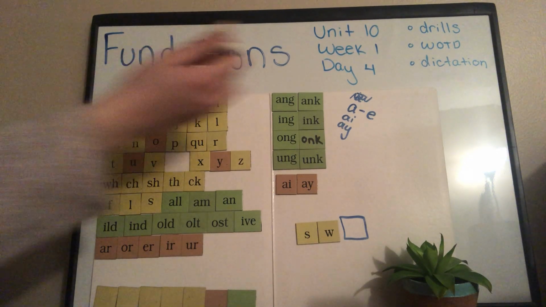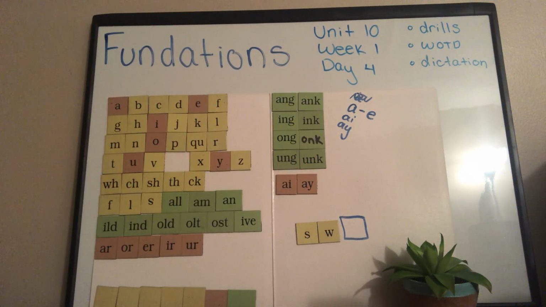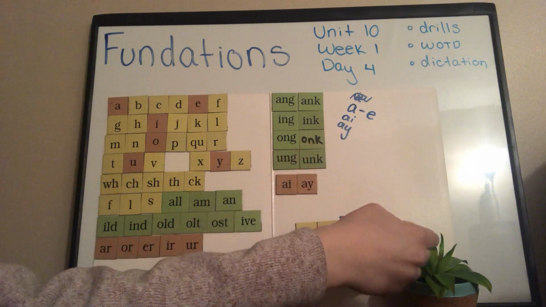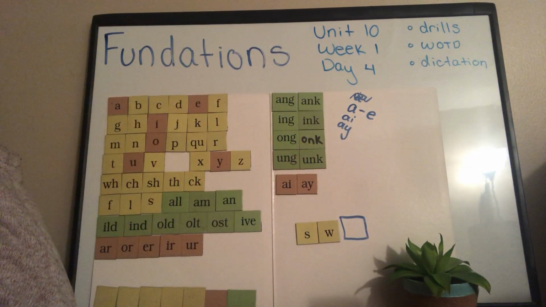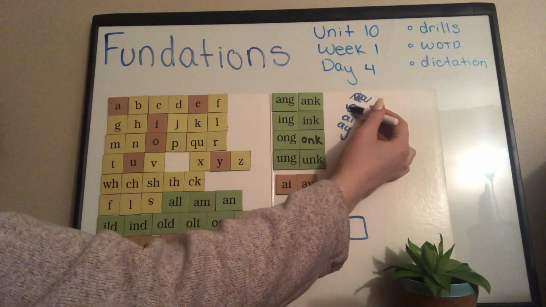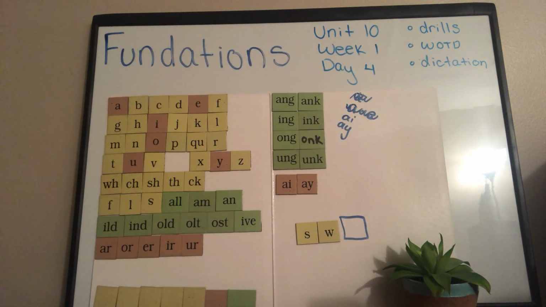I can go ahead and cross off A-E too, because let's think about it. If we were going to pick A-E to make our long A sound in the word sway, we would need to have a consonant after the A sound, like in the word safe. You have an F in between the S and the A. So I'm going to go ahead and cross that off, and now we have 2 choices left, AI or AY.